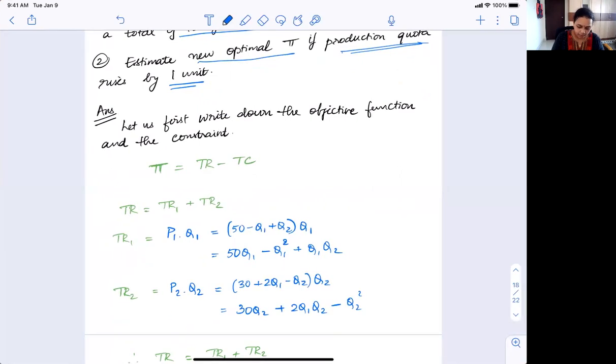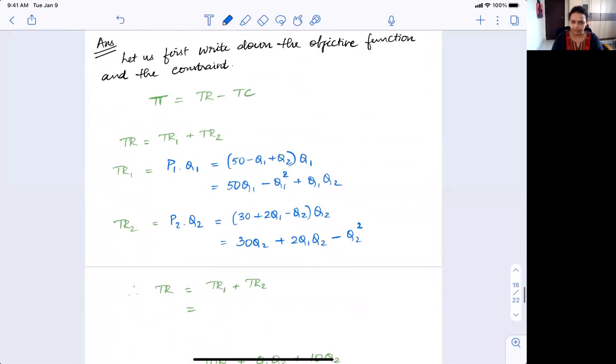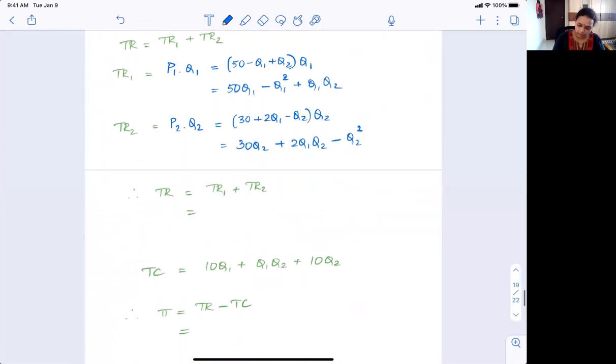And when you add these two up, you're going to get the total revenue function. And that is just going to be 50 Q1 minus Q1 square plus Q1 Q2 plus 30 Q2 plus 2 Q1 Q2 minus Q2 square.